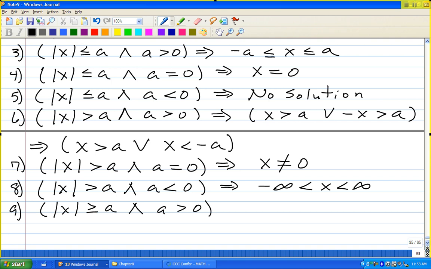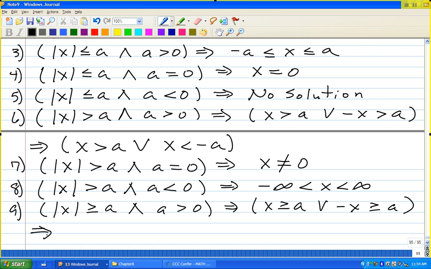Well, just like before, in the first part, I could have x equal either positive x or negative x. And so this says that x is greater than or equal to a, or negative x is greater than or equal to a.